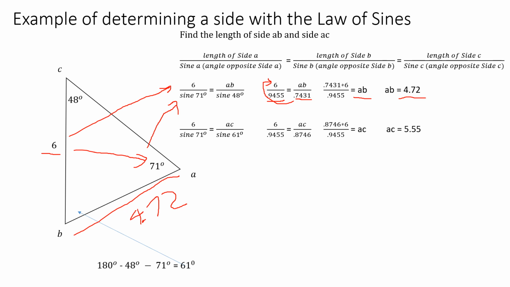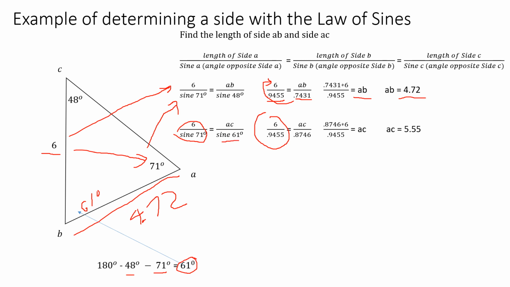Now we're going to do AC. It doesn't give us the angle, but we can use common sense because there are 180 degrees in a triangle. Subtract 48 and 71, which leaves 61 degrees here. So it's still the side 6 over sine 71 degrees, same as before, which is 6 over 0.9455, equals my AC over sine of 61 degrees, the remaining angle we had to figure out.